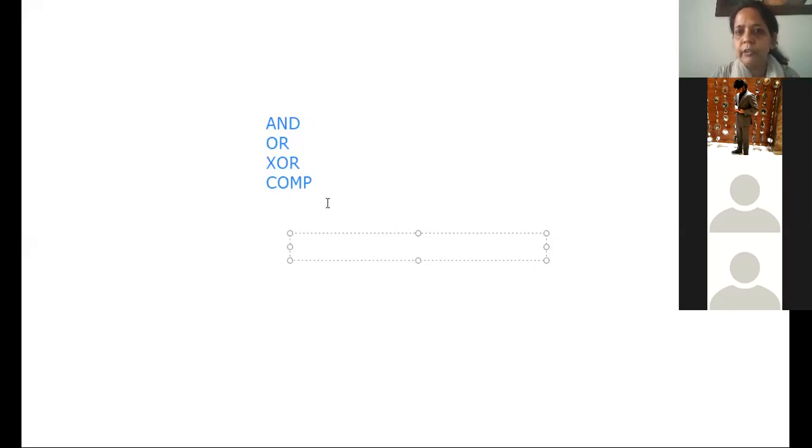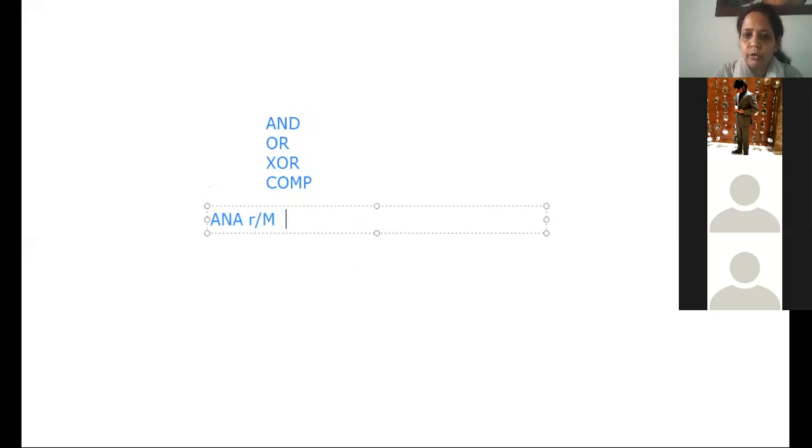Okay. So for all these operations you have instructions. For the AND operation, you have an instruction called the ANA instruction. Always one number has to be in the accumulator. And then you have to mention either the register name or the memory. So what will happen? It will AND the contents of the register or memory with the accumulator.